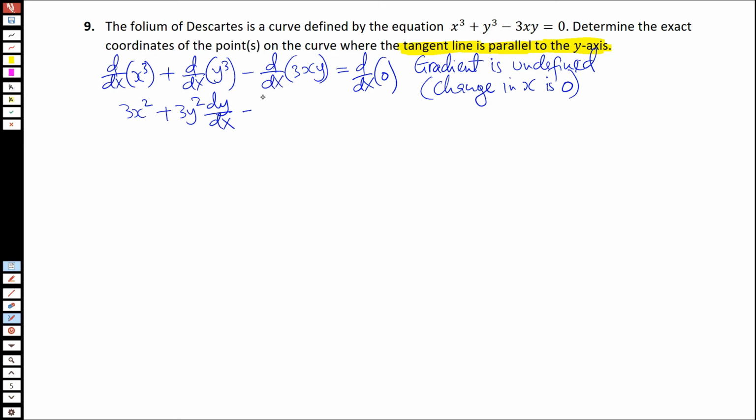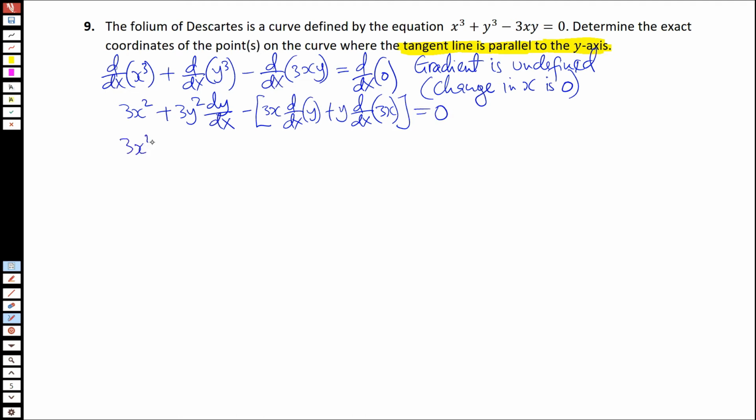And then here, what we shall do is apply the product rule, because we have a product of two functions. So 3x d over dx of y plus y multiplied by the derivative of 3x, which will be equal to 0.